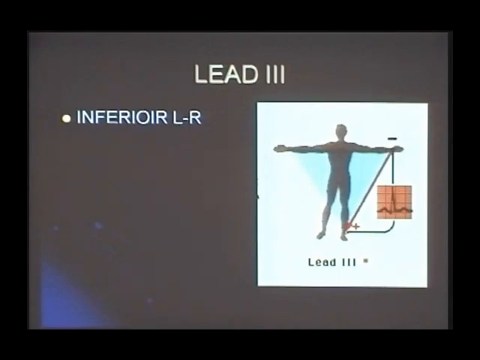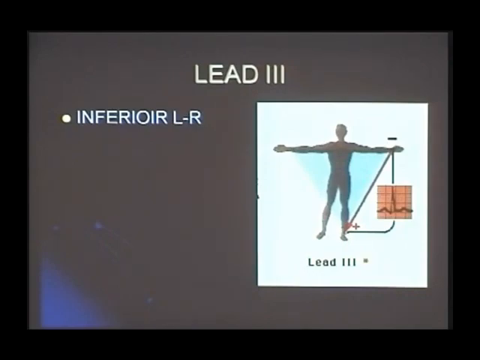Now look at lead 3. Here, once again I connect the positive pole to the left foot, but my negative pole to the left upper limb. So now what I am recording is from the left side, down and towards the right side. Lead 3 is recording once again the inferior surface, but instead of left it is recording vectors coming towards the right side, inferior and right.